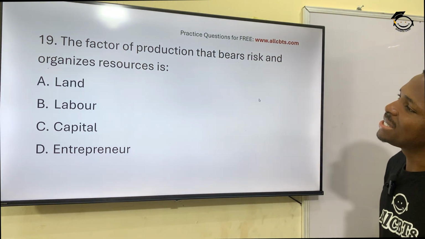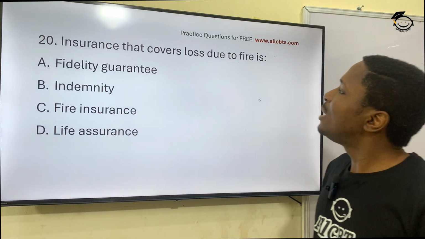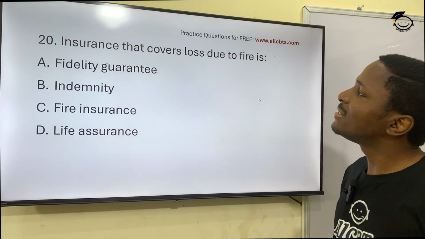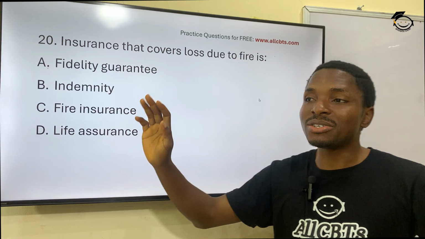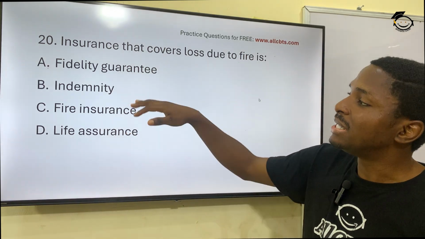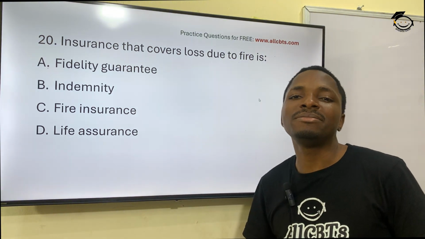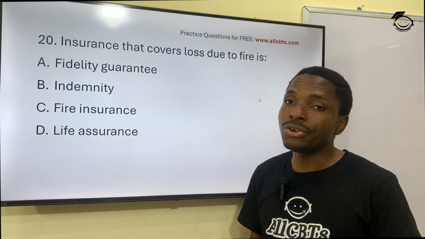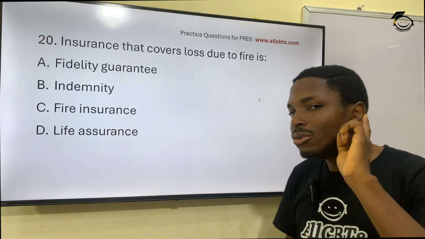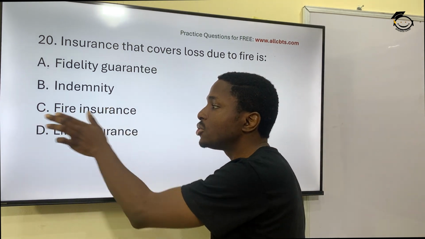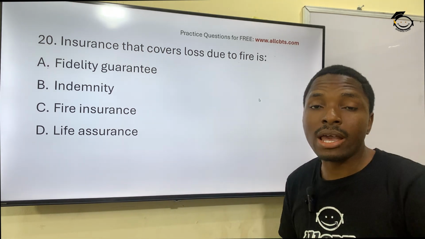And then question 20. Insurance that covers loss due to fire is called dash. And we have several kinds of insurance. You have life insurance, indemnity, fidelity, guarantee, fire insurance, but that's fire insurance. Now, fire insurance covers loss due to fire. Note that as the name implies, fire insurance can only cover loss that is caused by fire.